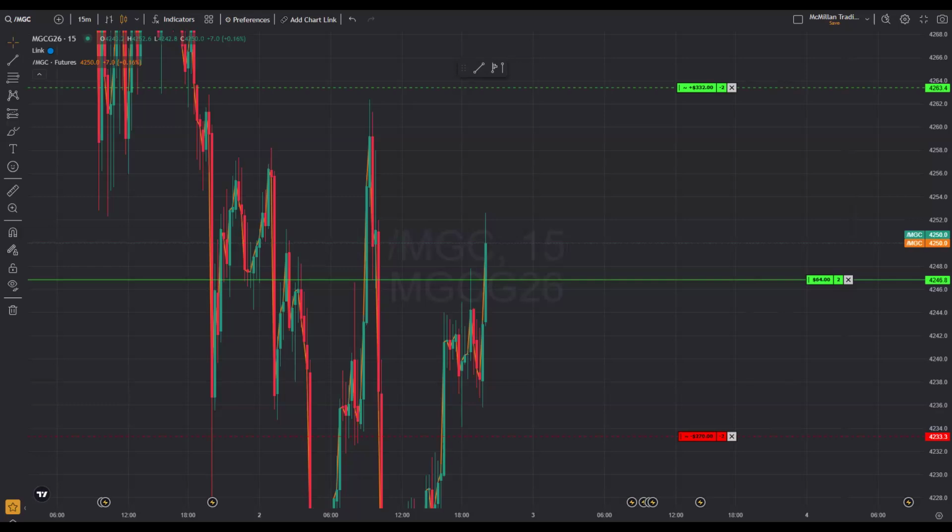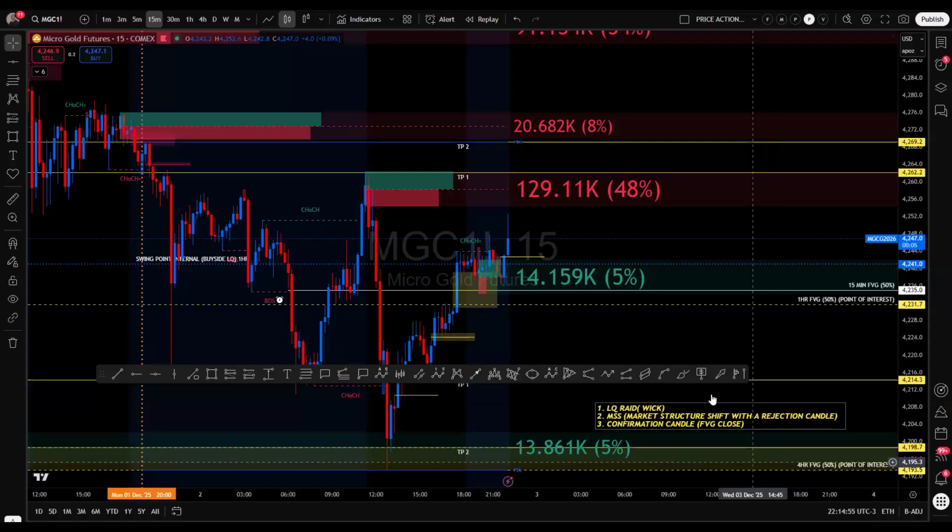Four. Once we get close to 100 again, if we believe that I was in the support. Let's see what this next candle does here. 3, 2, 1.